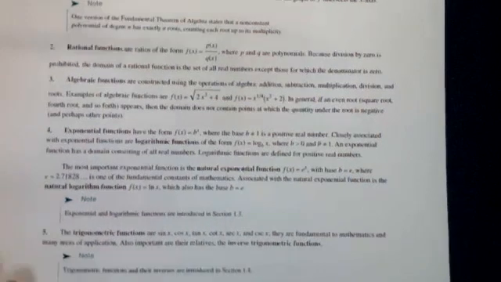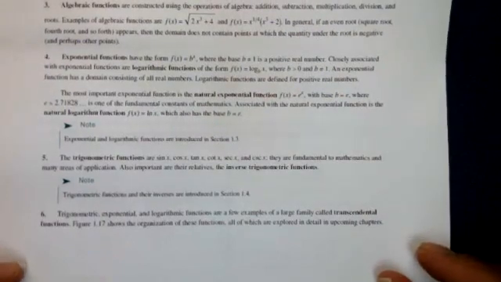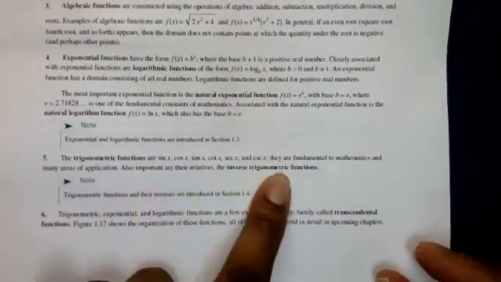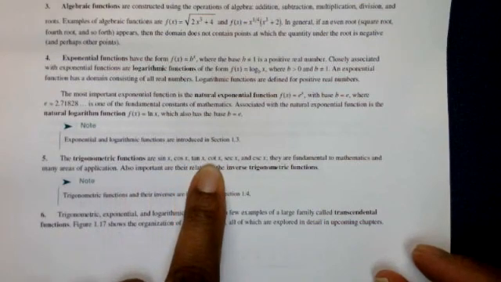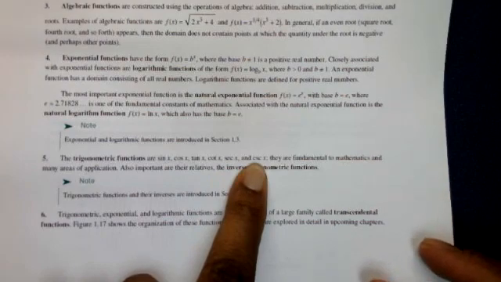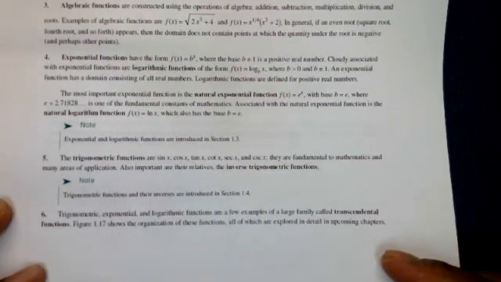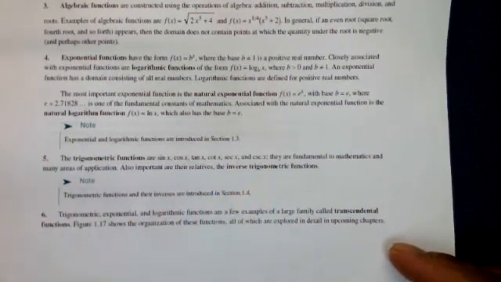And then next you have what they call the trigonometric functions. Trigonometric functions are these 6: sine, cosine, tangent, cotangent, secant, and cosecant. What's also important are their relatives called the inverse trig functions.